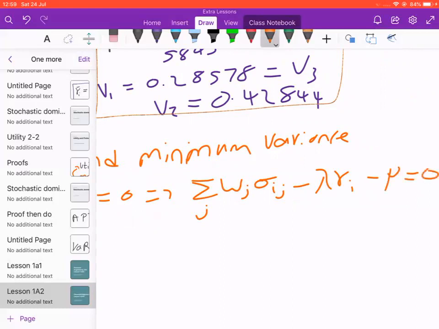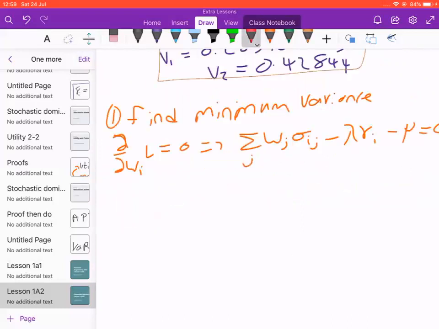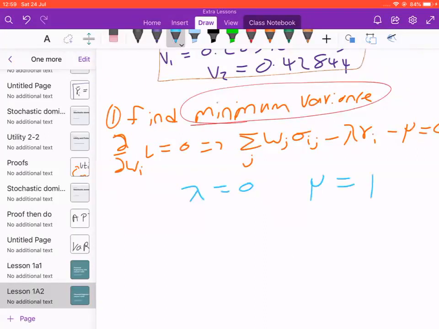So if they say find the minimum variance, the minimum variance is when your mu is equal to 0 and your lambda is equal to 1. And if this is the case, you're basically going to have your covariance matrix as they gave there.